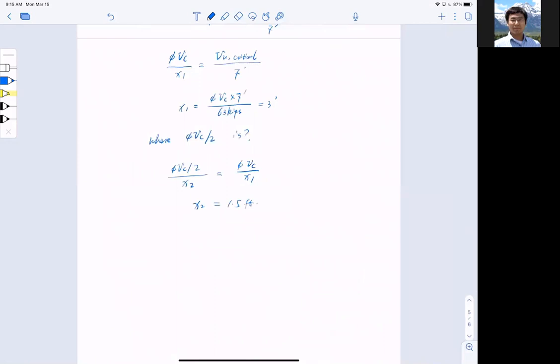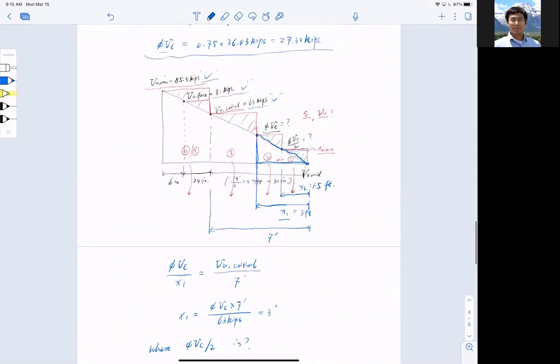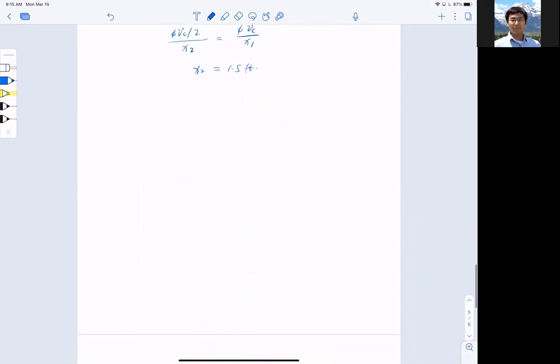So why do we need this? Again, let's get this diagram cleaned up here and show you why we need this. So here is my half span, okay? And let me try to draw the full picture out clearly to you. So this is a simply supported condition, and that is the full span.